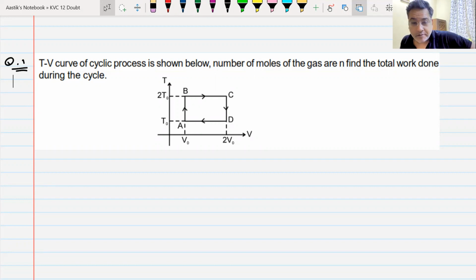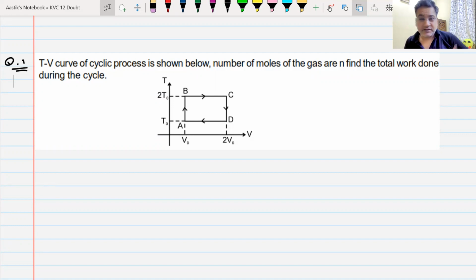Okay, then. So if I draw a curve of temperature versus the volume, that is same as the curve of pressure versus volume. Is that so? That does not even stand as a logic.